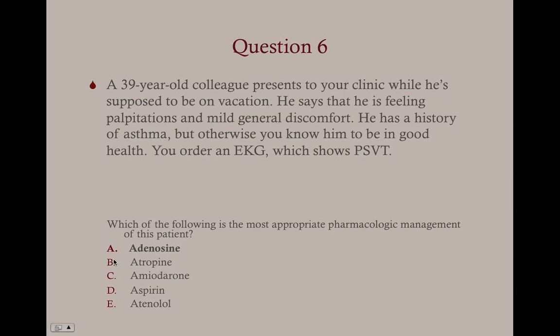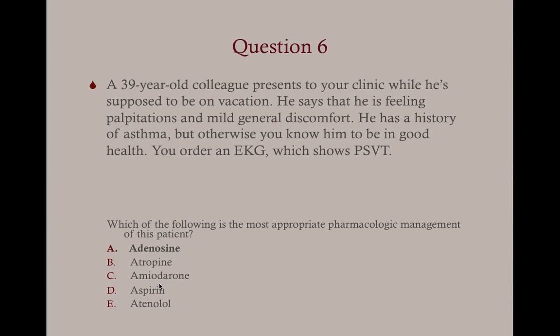Atropine slows the heart, or I'm sorry, atropine speeds up the heart. So atropine speeding up the heart is something you're going to use in a non-stable patient who's got a third-degree AV block, for instance. So atropine speeds up the heart. It's an anti-sympathetic. Amiodarone is what you're going to use in patients with ventricular tachycardia who are stable.